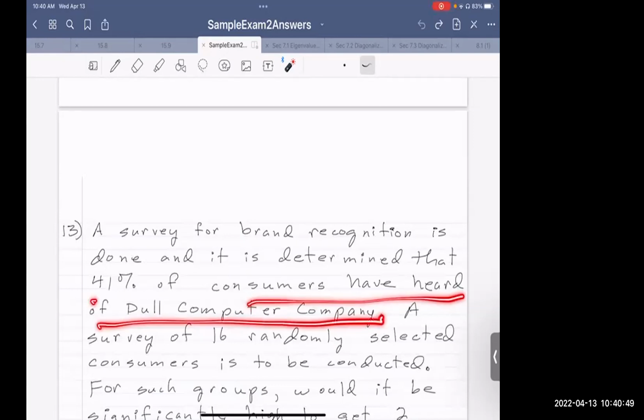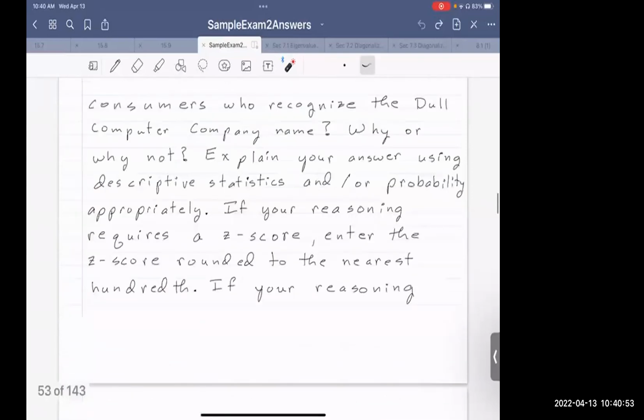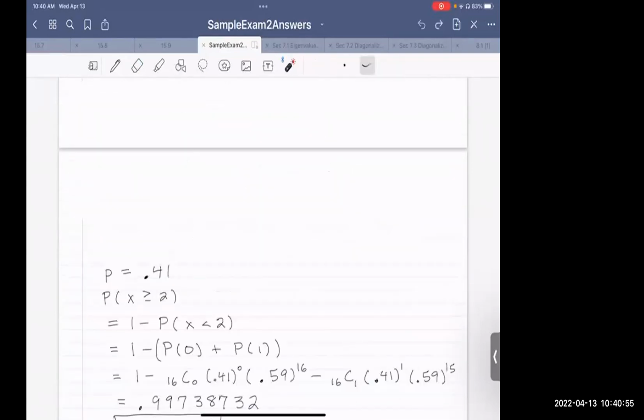And we have a fixed probability of success for each trial, 0.41. I want to find the probability that x is greater than or equal to 2. In this case, it'll be easier to use the complementary event. So let's use the complementary event.